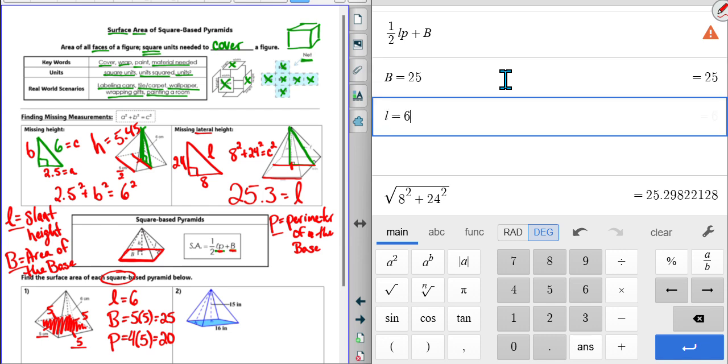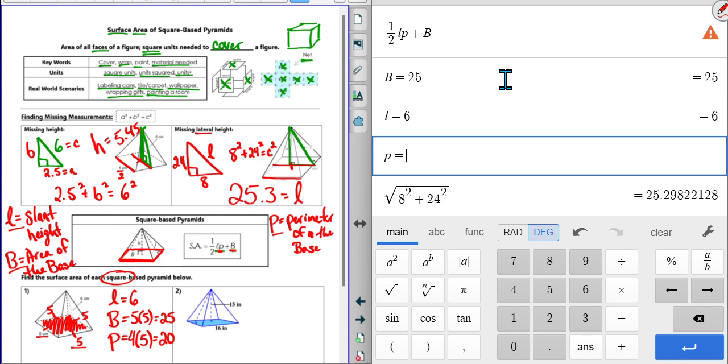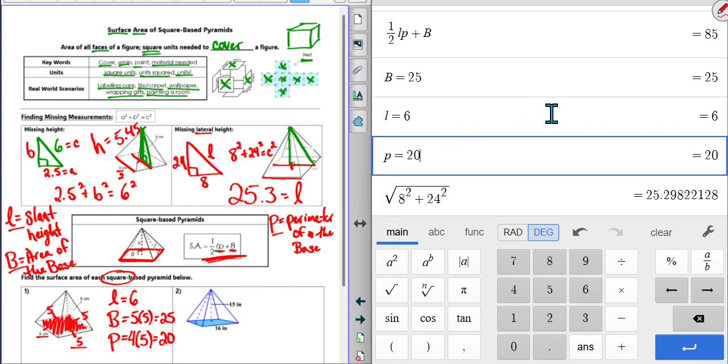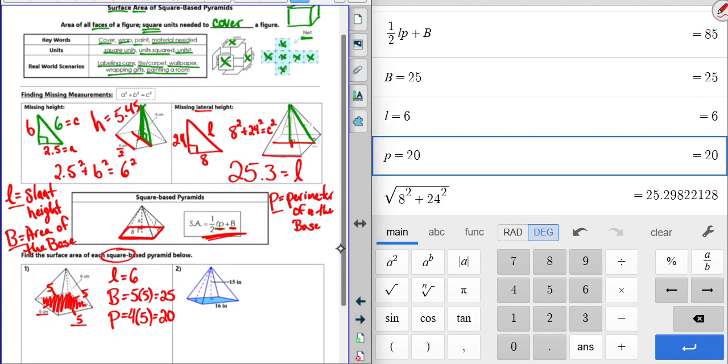L equals 6. And P equals 20. So I have my expression to find the surface area. And then I defined each of those for Desmos. I said B equals 25, L equals 6, P equals 20, and that tells me my surface area of that figure is 85.